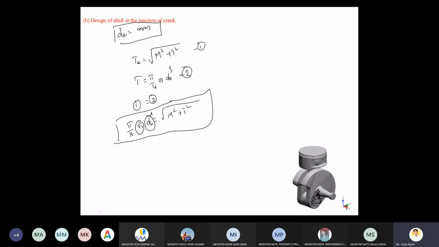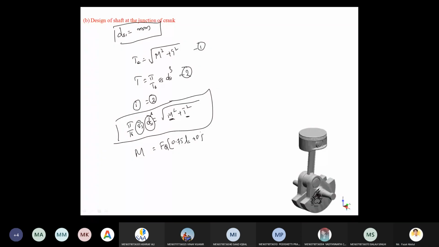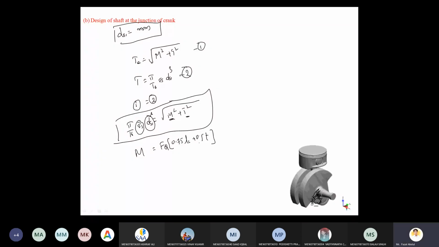What is M here? What is T here? M is nothing but the bending moment. What is the cause of this bending moment here? Due to the FQ force. So FQ into 0.75 into LC plus 0.5 into T. And what is T here?